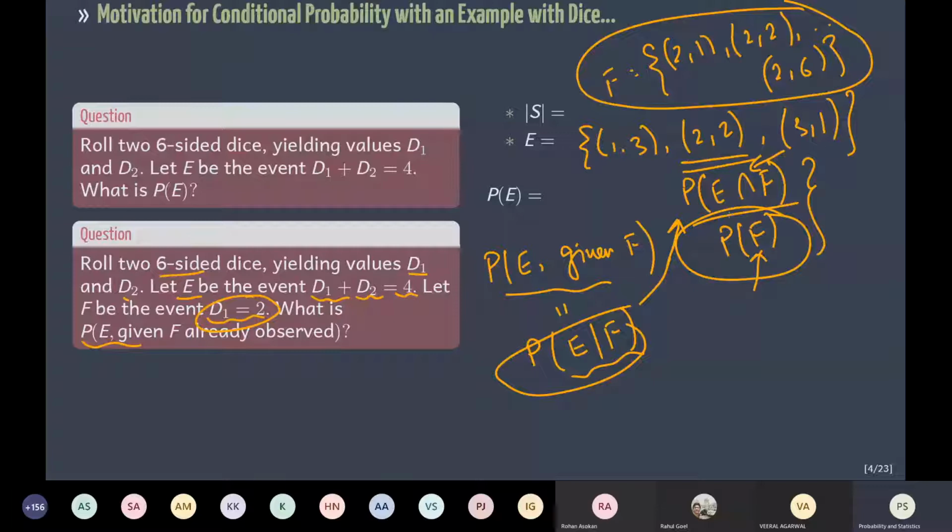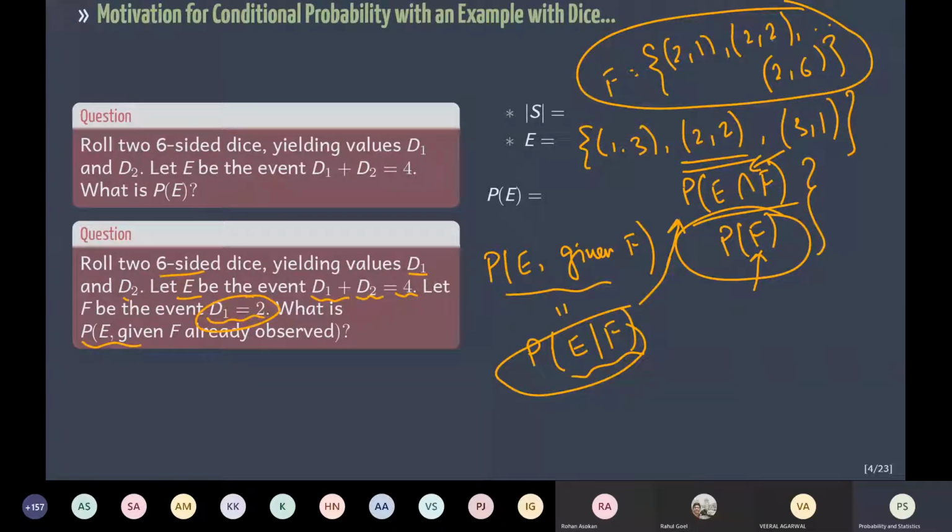So my sample space now reduces to F only. You are trying to see E given that F is observed, so only outcomes relevant to F make sense. So you have to take E intersection F.